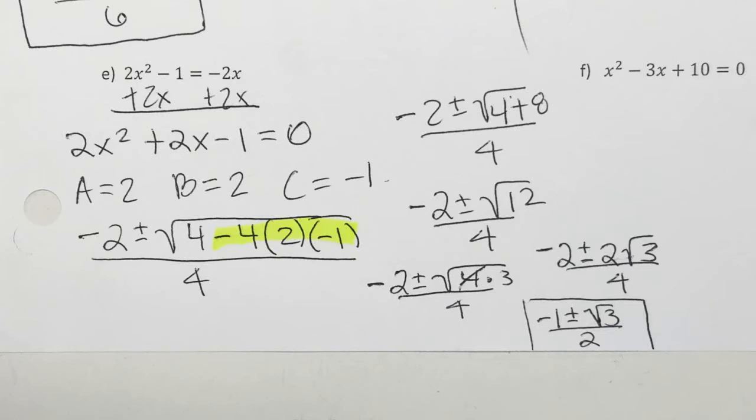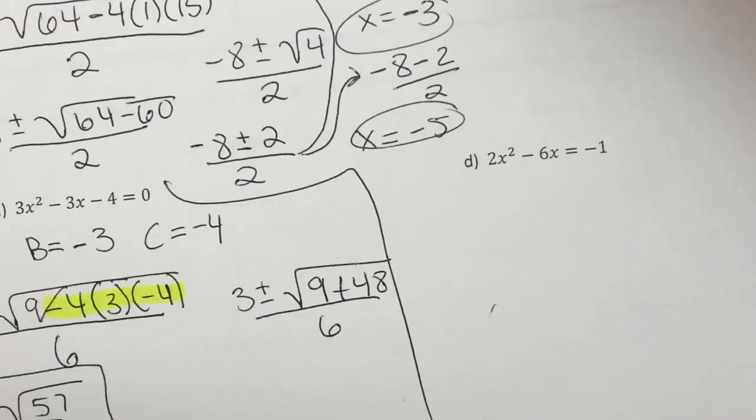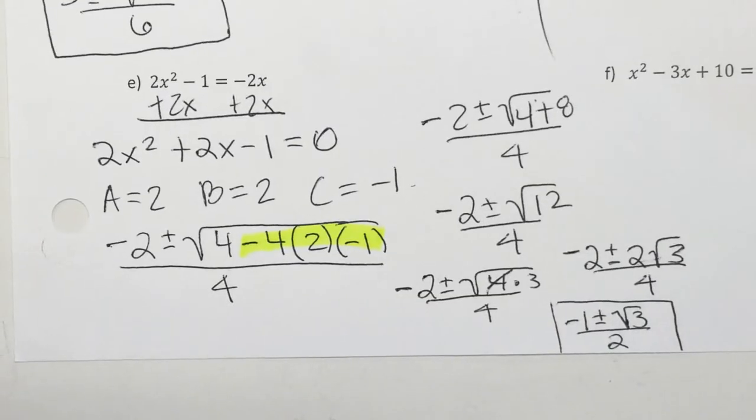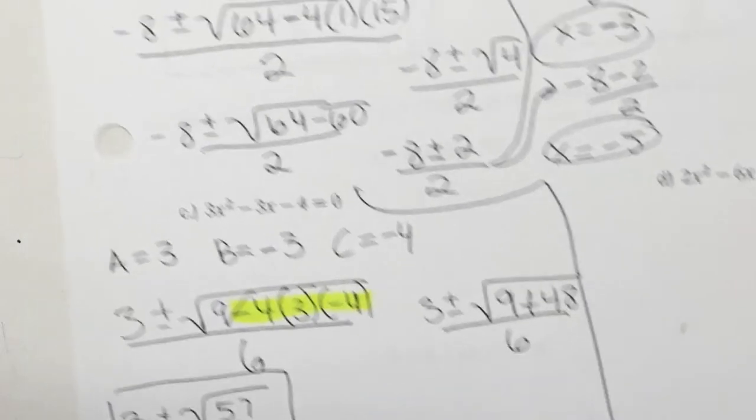Sweet. All right, try these 3 on your own, the last 3 on your notes. Please let me know if you need help. If you want to check your answers when you get done, let me know.